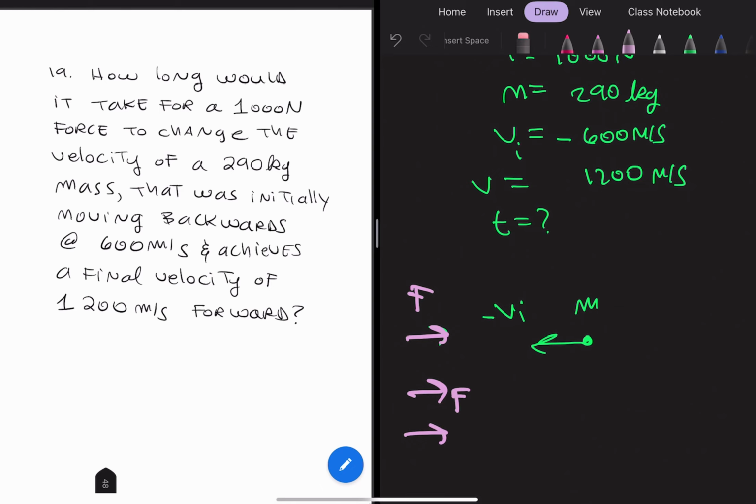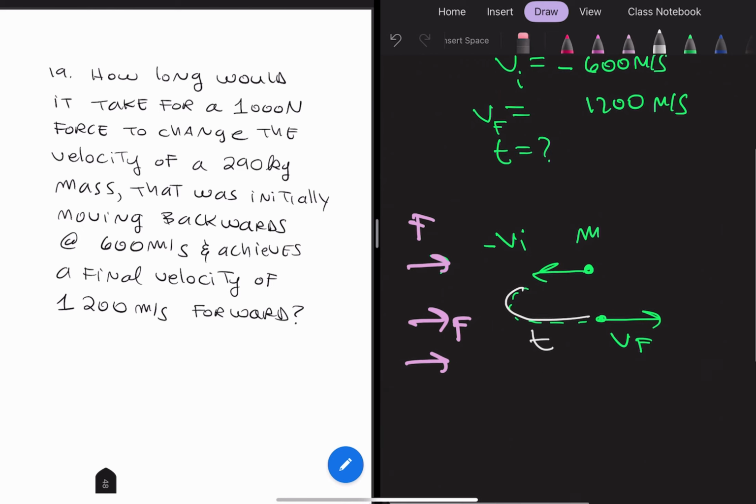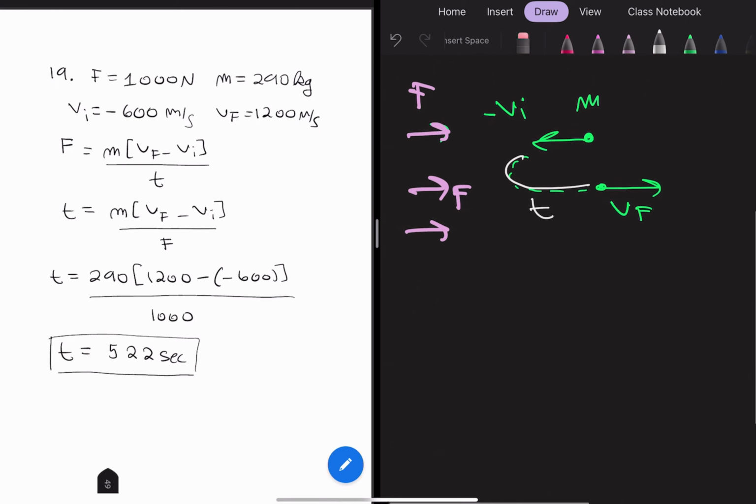And what the force does is that it causes the velocity to change, so that afterwards the final velocity is equal to 1,200. So then the 1,200 is the final velocity, and we want to find how much time it takes for this to happen. So it's the same equation, just more algebra.